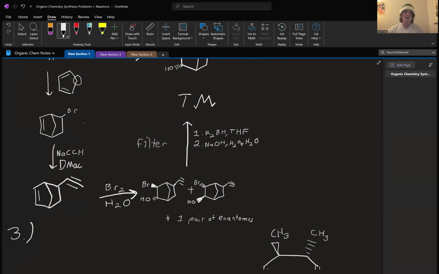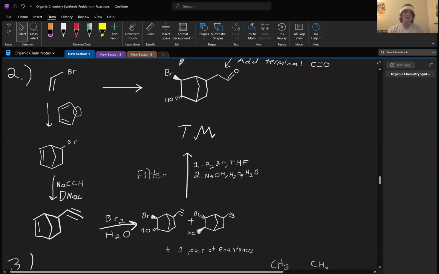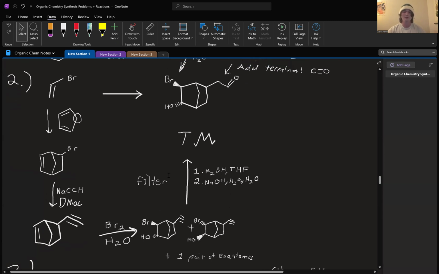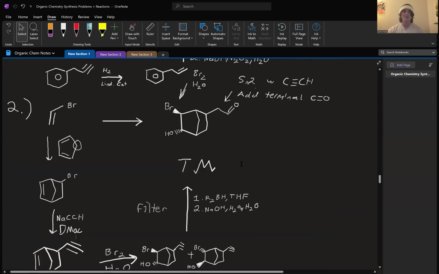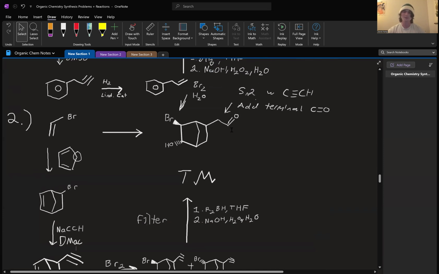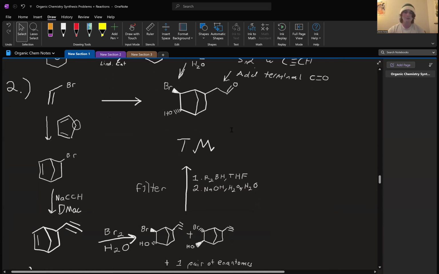We can then filter that pair of enantiomers to isolate this molecule here. And then we can do the anti-Markovnikov addition of a carbonyl group using hydroboration oxidation to create our target molecule, which is this. Okay, so that's number two.